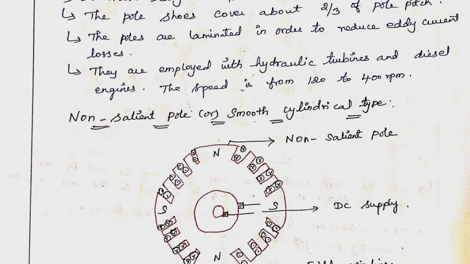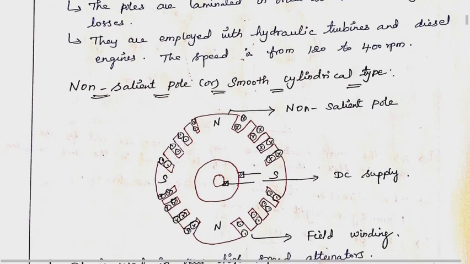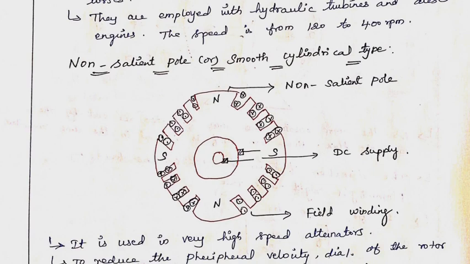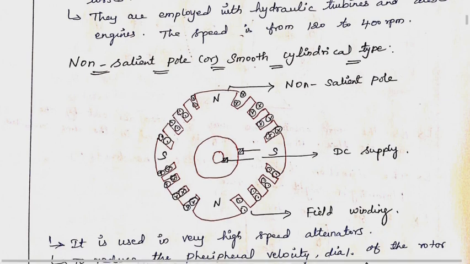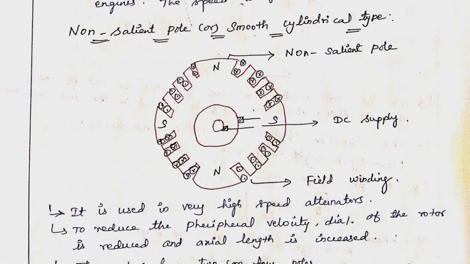Now for the non-salient pole, we will see the cross-sectional view of the smooth symmetrical type alternator. Here the north and south poles are non-salient. Here also the rotor has two slip rings, directly connected to the DC supply. The field windings are placed between the north and south poles.